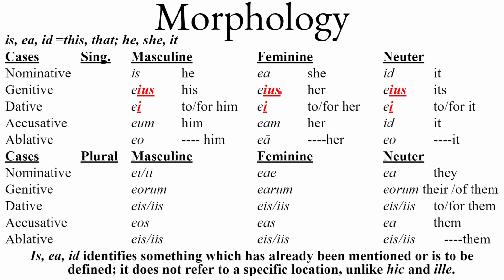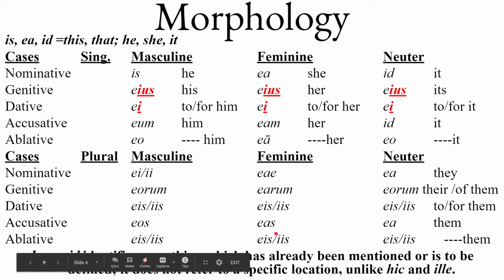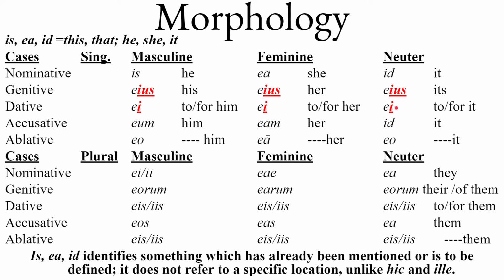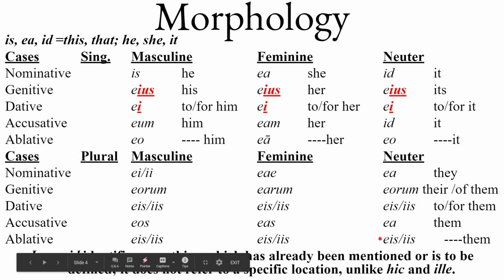Ea, eius, ei, eam, ea, eae, earum, eis, eas, eis. Id, eius, ei, id, eo, ea, eorum, eis, ea, eis.